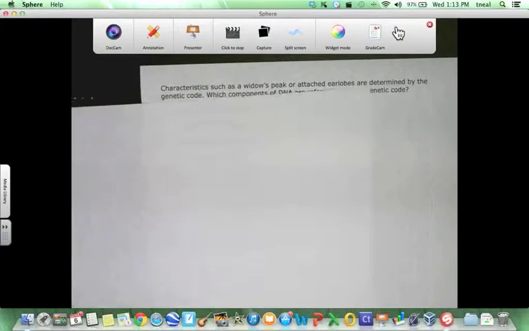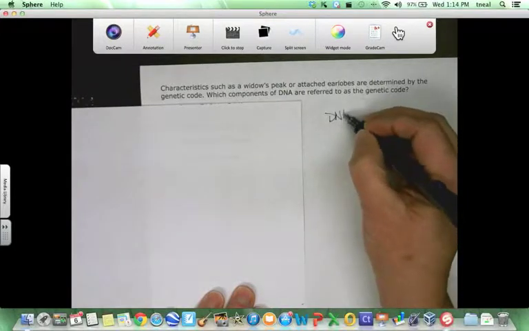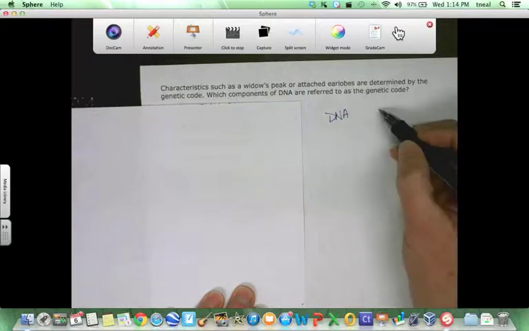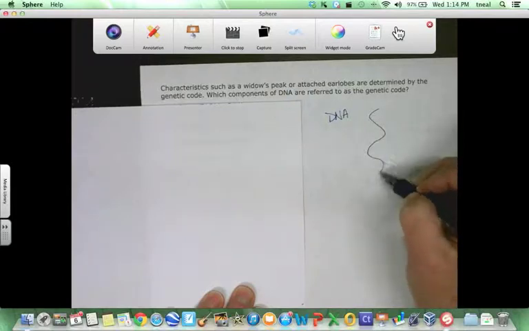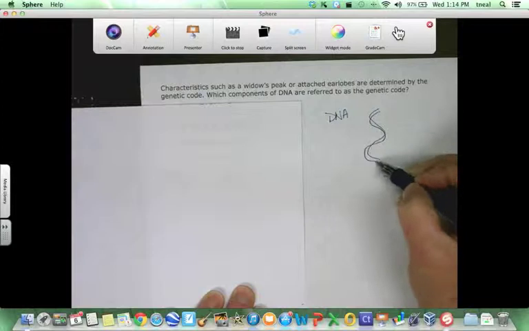I'm a pretty visual person, so I always like to look at little drawings, and drawings help me. One of the things I know about DNA is that it has this kind of spiraled ladder-like shape. I don't know if you remember that or not.